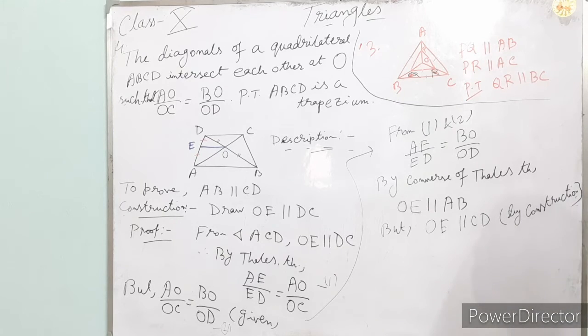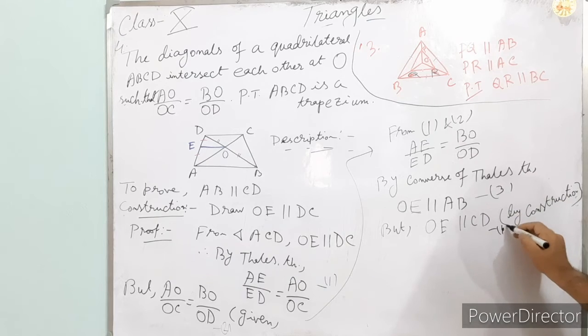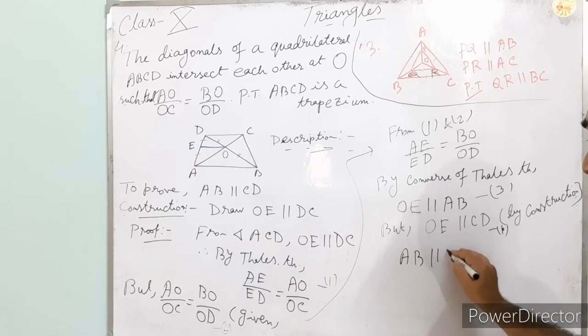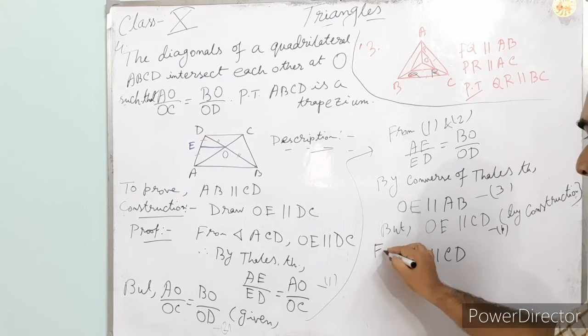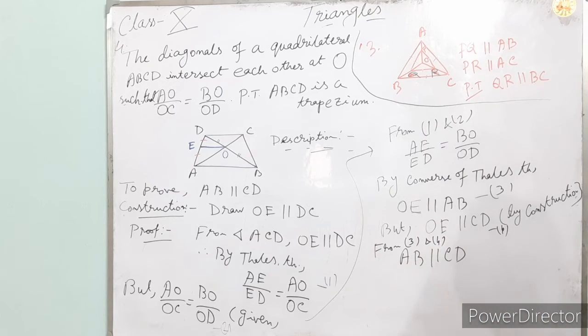So if this is 3 and this is 4, from 3 and 4 we can definitely say AB is parallel to CD. So we have got our result.